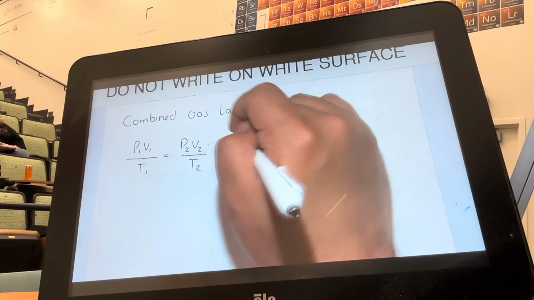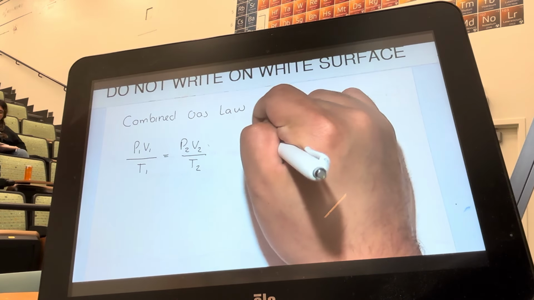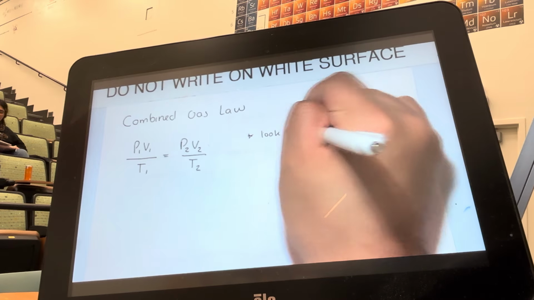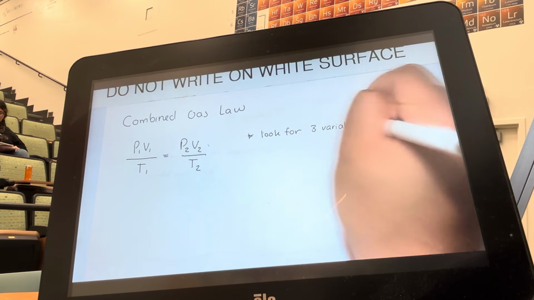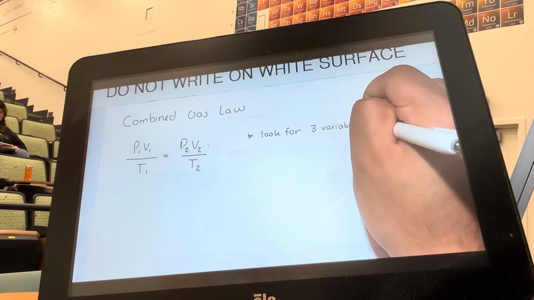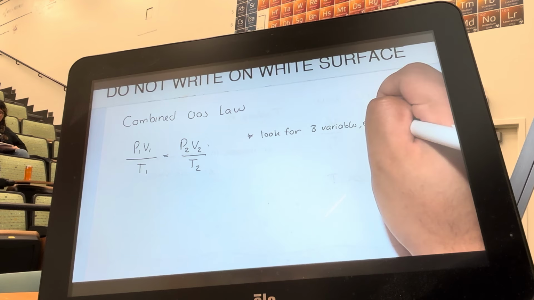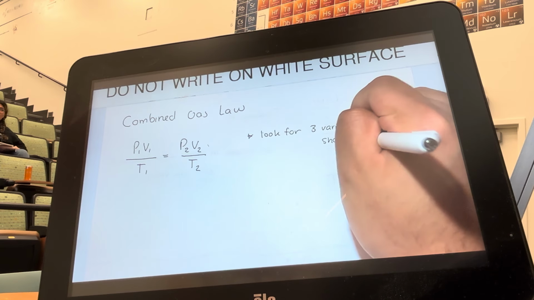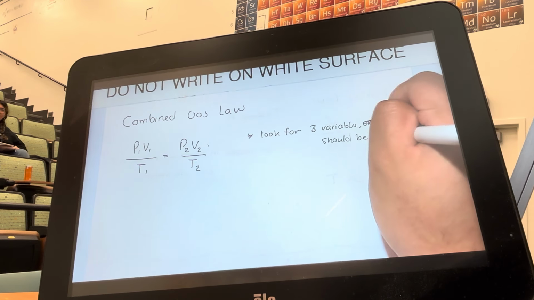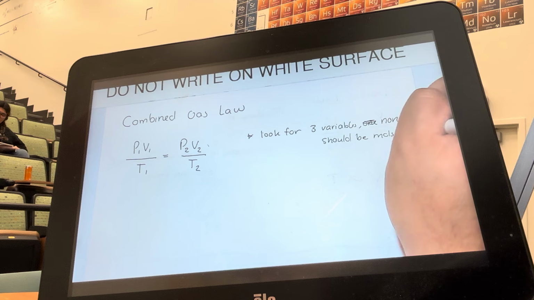So on an exam, what you're looking for here is to look for 3 variables. None should be moles or grams or anything that actually gives you mass units.